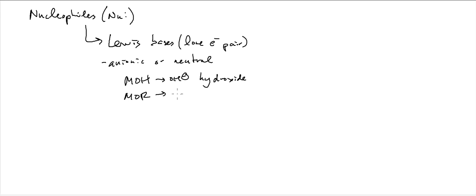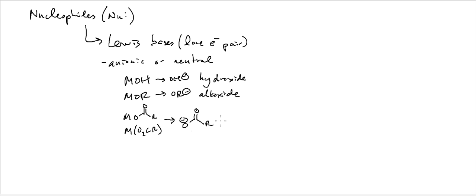MOR, which would give us OR minus, is called an alkoxide. R meaning any kind of carbon chain. We can have M and then this structure like this, sometimes abbreviated as MO2CR. This gives us the anion like this with the charge on the oxygen.